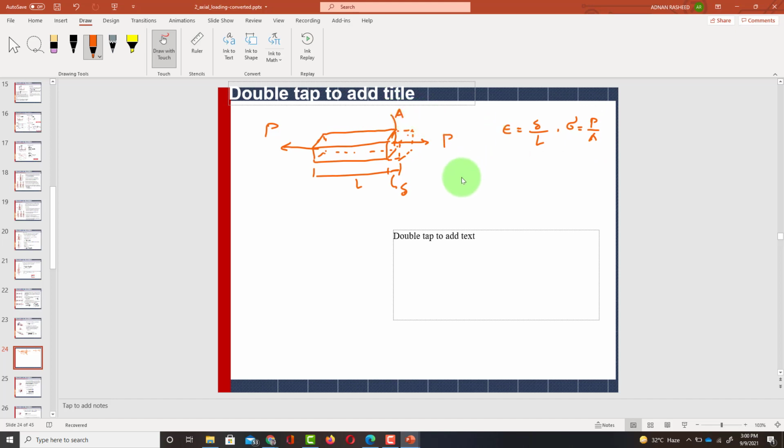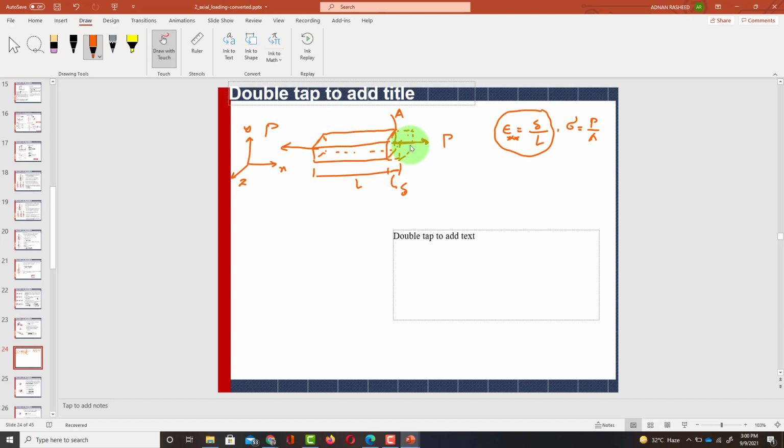Clear? So this strain that is produced in the direction of force, or along this direction, is known as linear strain. And let this be x, this direction y, and this direction z. So the strain in x direction is epsilon x, and it will be equal to change in length divided by original length.